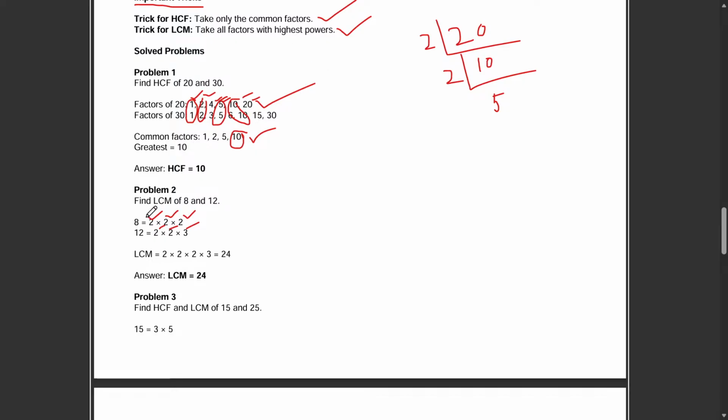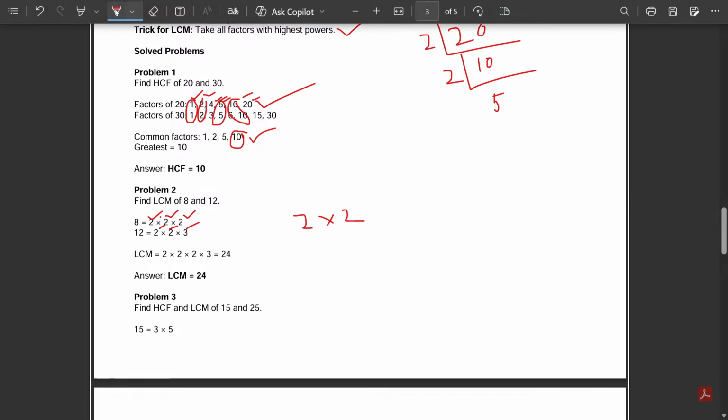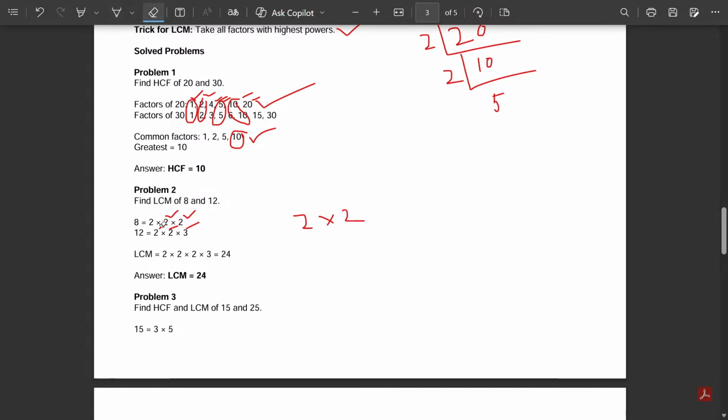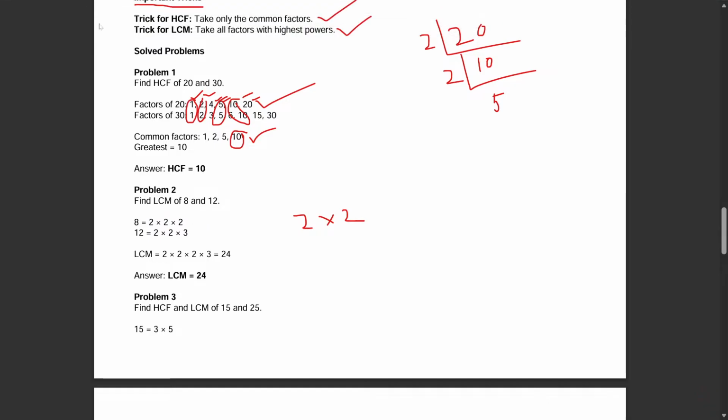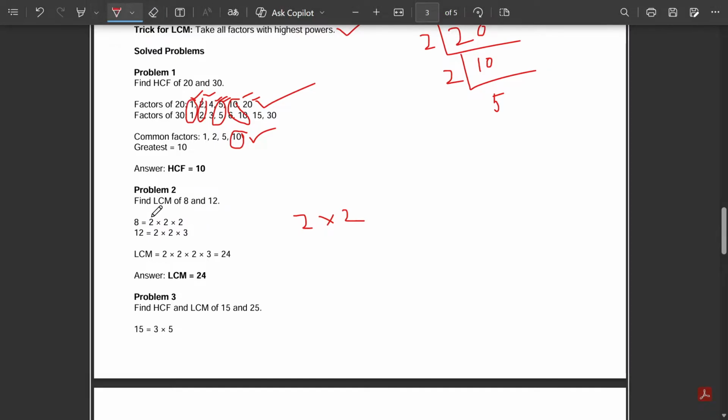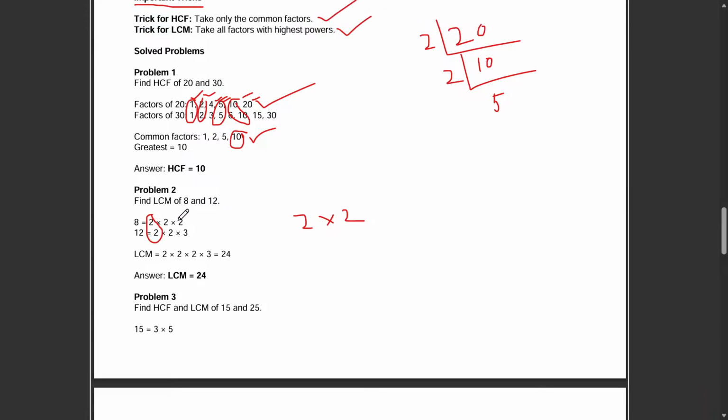Here 2 is common. Here also 2 is common. So we'll take 2, and 2 is common, so we'll take 2 again, and now we'll take 2 and 3.